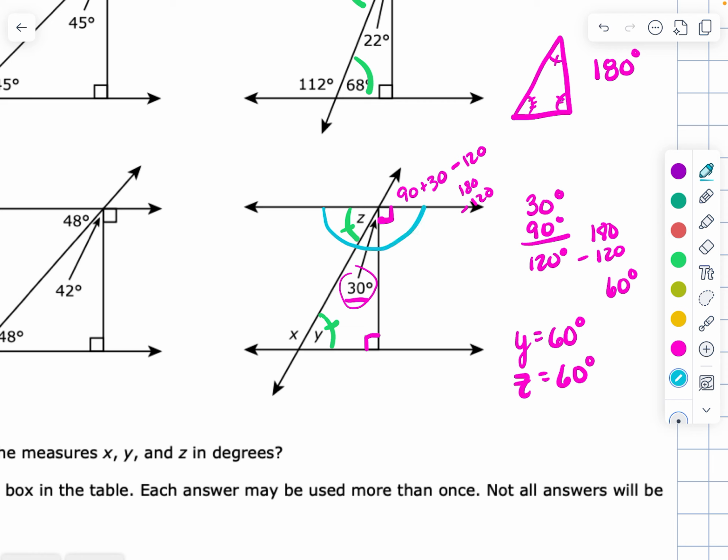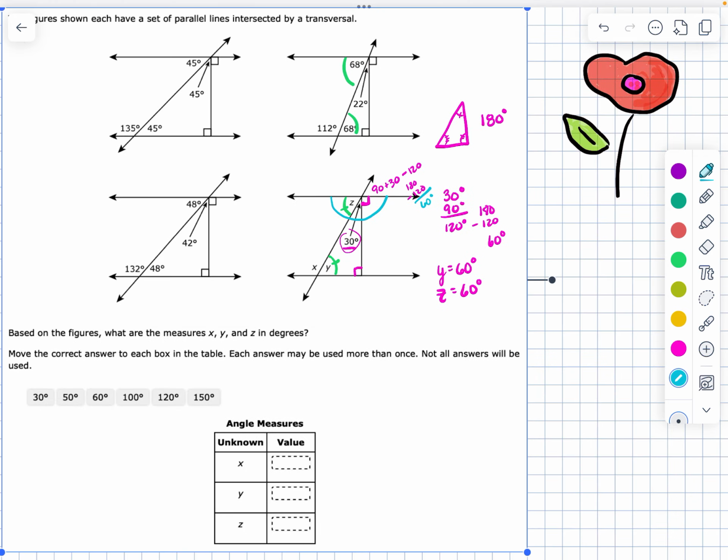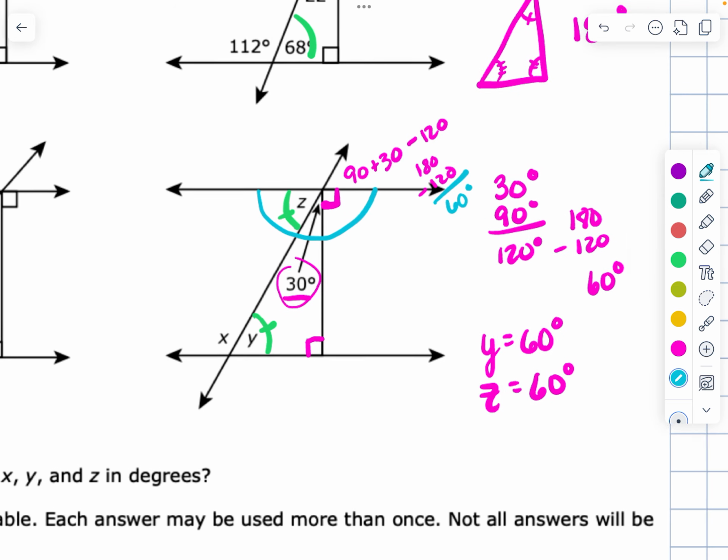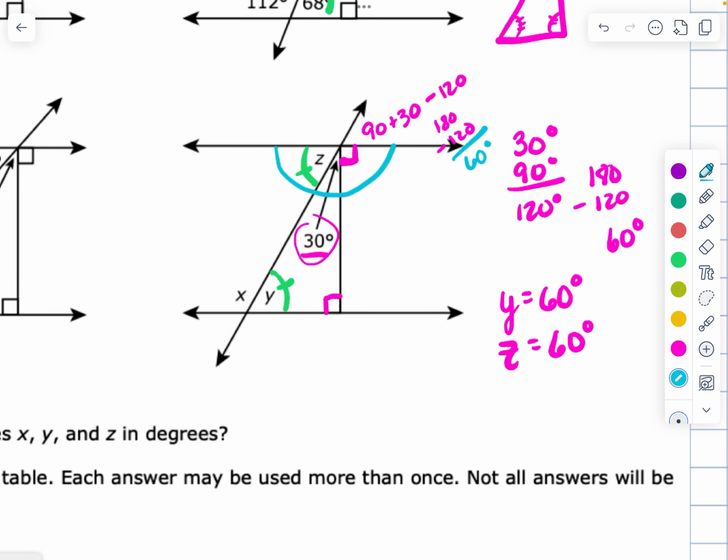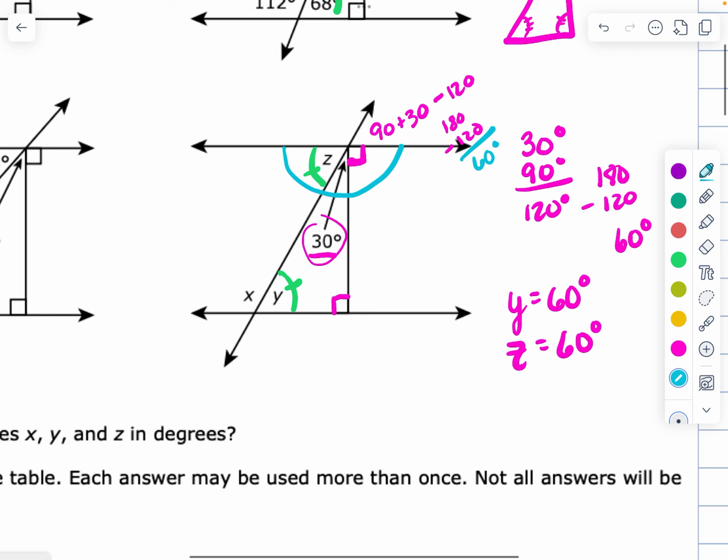So 180 minus 120 equals 60 degrees for z, which we already knew because it's a transversal. Okay, so now all we have to do is figure out x. So what is x?